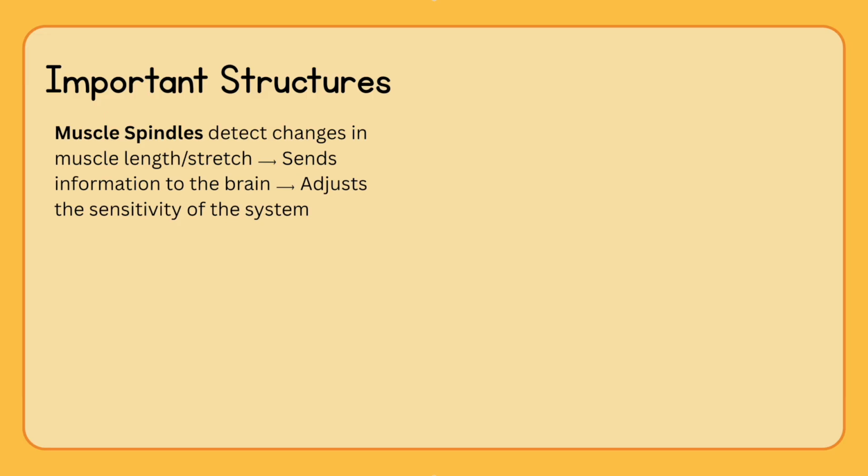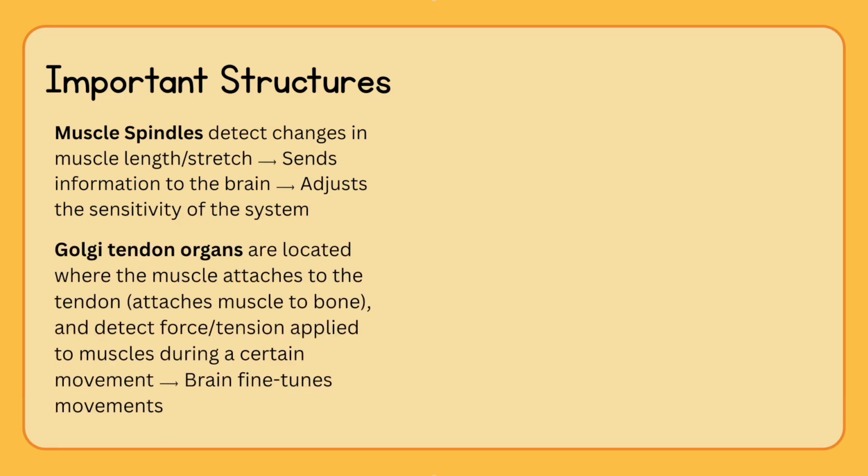So really, you'll begin to realize that movement and coordination is all about fine-tuning and those small corrections in adjusting your movement so that you don't stretch too far or throw too hard. And then we have Golgi tendon organs, which are located where the muscle attaches to the tendon.